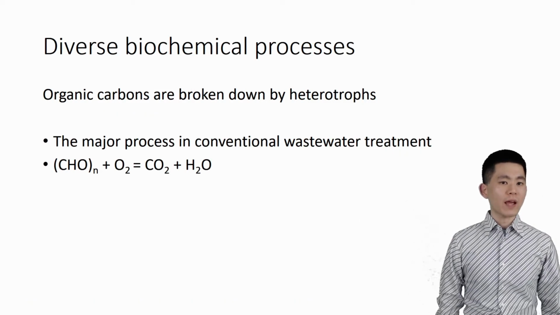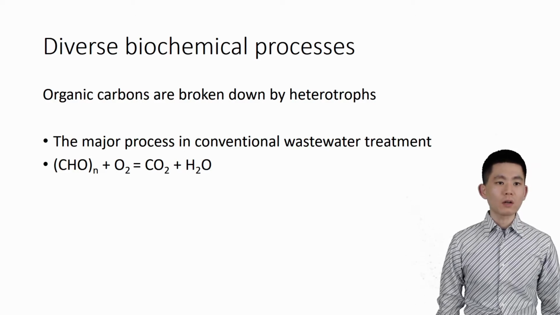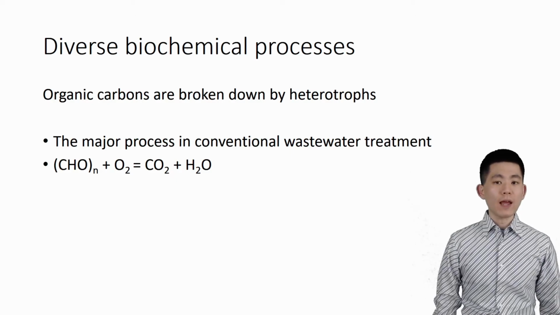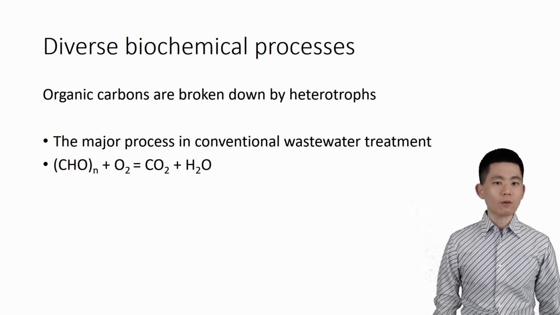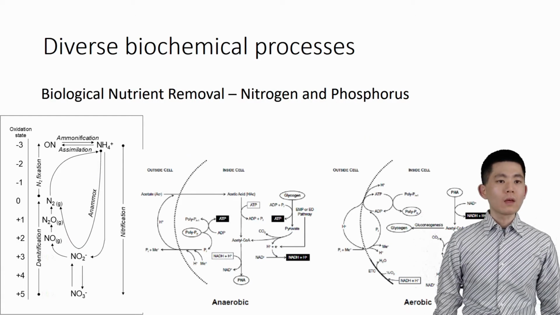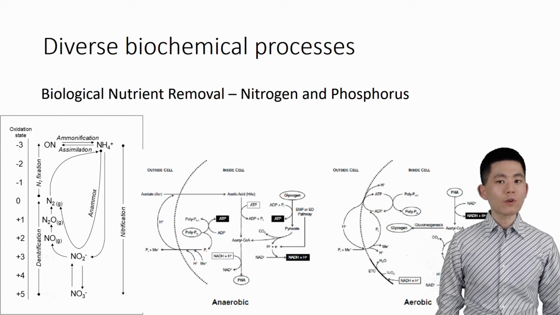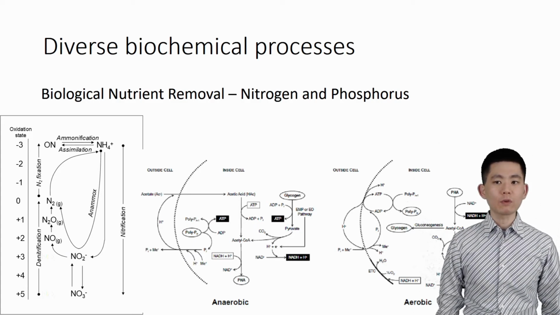In addition to reactor configuration, a variety of biochemical processes occur in the bioreactors treating wastewater. One of the major reactions in conventional wastewater treatment is the aerobic degradation of hydrocarbon. We will later look into the energy flow of this process in more detail. Biological nutrient removal includes biological nitrogen removal and biological phosphorus removal.